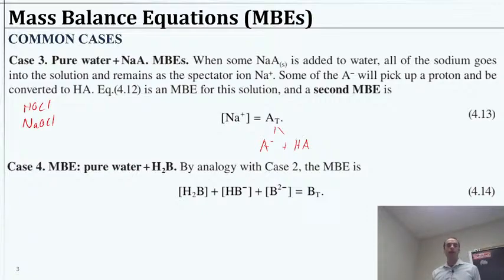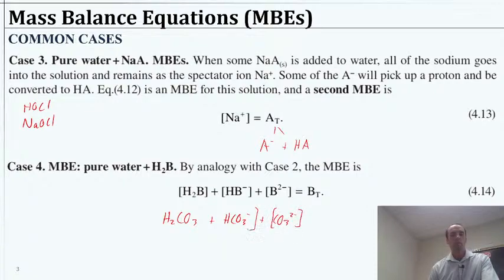We can assume that we have some H2B, some HB minus, and some B2 minus in this particular situation. So again, an example could be H2CO3 and HCO3 minus and CO3 2 minus. And in this case, that would be essentially the total carbonate.